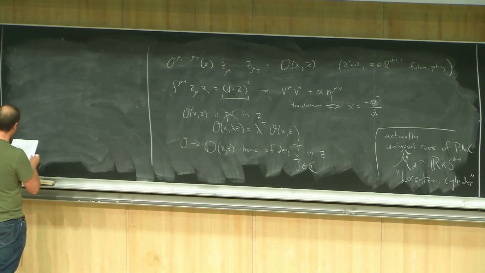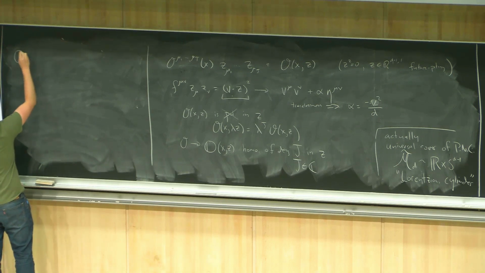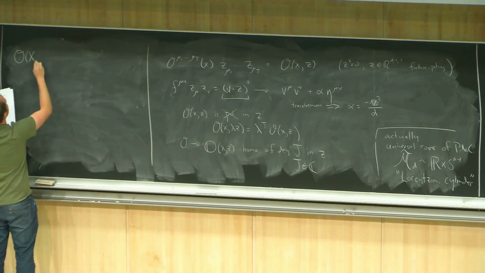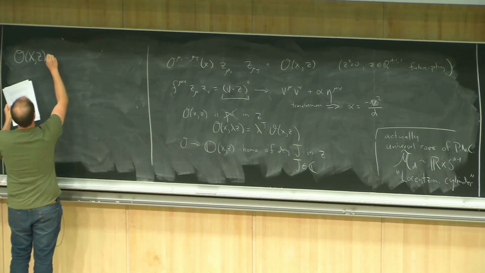So the idea is that if you have an operator O of x comma z, then you define an embedding space operator. And here for this, it's not important whether the operator is integer spin or not.